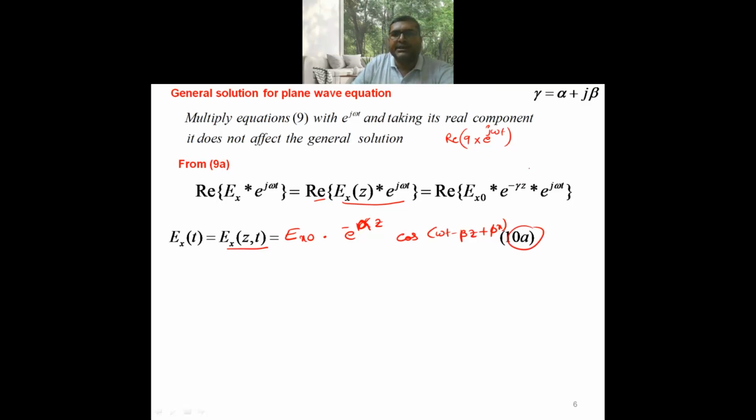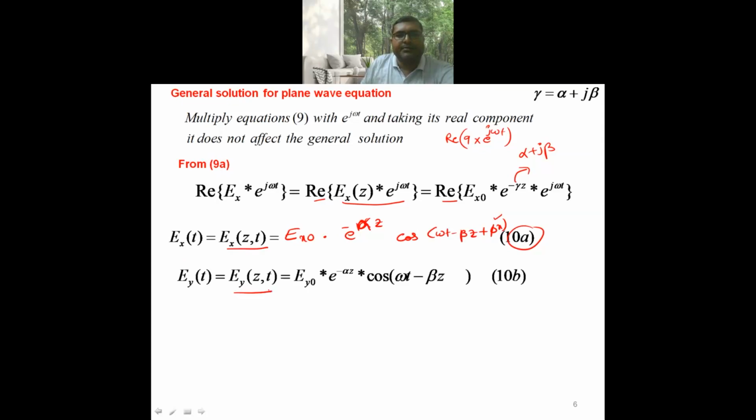Here gamma is equal to alpha plus j beta, e power minus gamma z e power j omega t, and its real component can be simplified as e power minus alpha z cos omega t minus beta z plus pi x. Here pi x is the phase of the electric field along x direction.